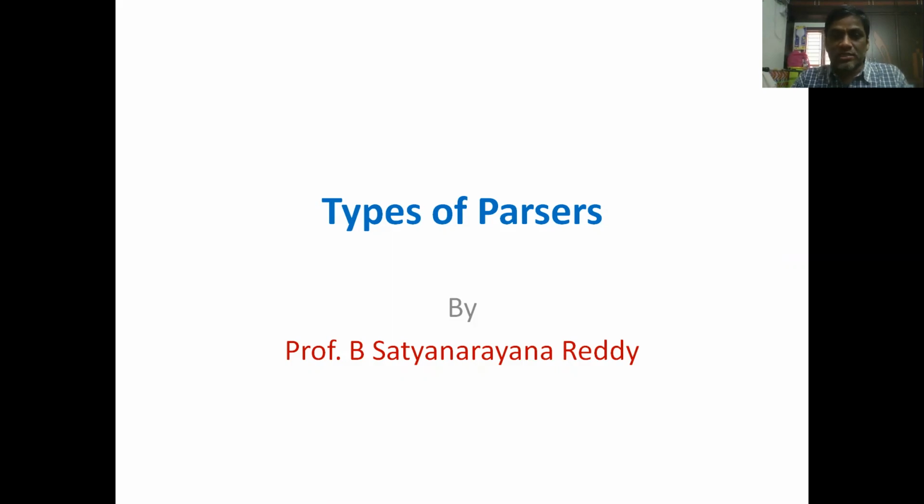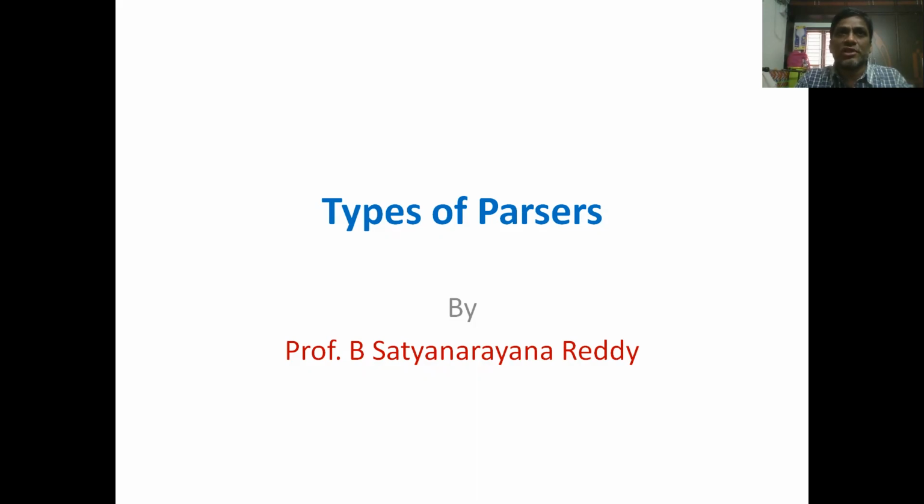So in our last class, we discussed what a parser is and the tasks performed by a parser. We also discussed some basic concepts which are useful in designing parsers, like context-free grammars, derivations from context-free grammars, constructing derivation trees, parse trees, and identifying ambiguity in given grammars and eliminating ambiguity from the grammars.